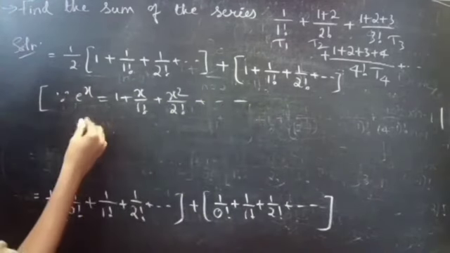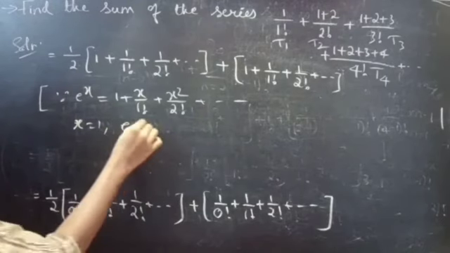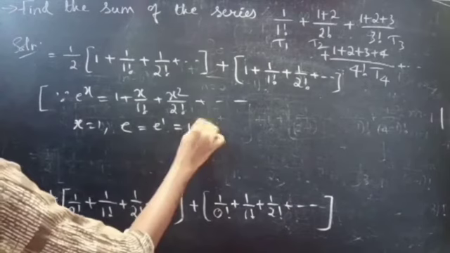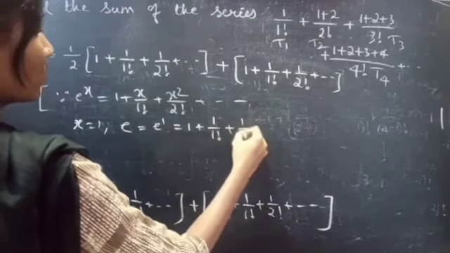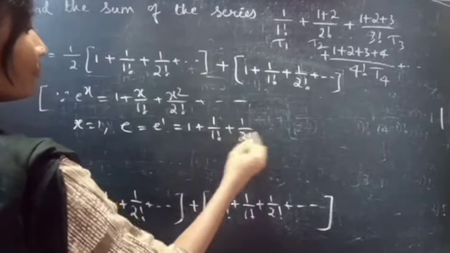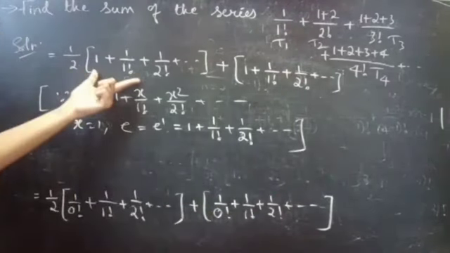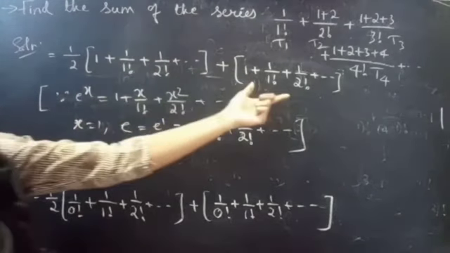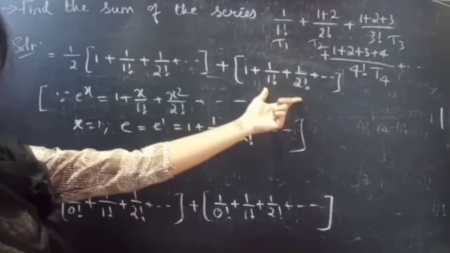If x equals 1, we get e power 1, which equals 1 plus 1 by 1 factorial plus 1 by 2 factorial plus so on. See here you're having 1 plus 1 by 1 factorial plus 1 by 2 factorial plus so on, and here also you're having the same.